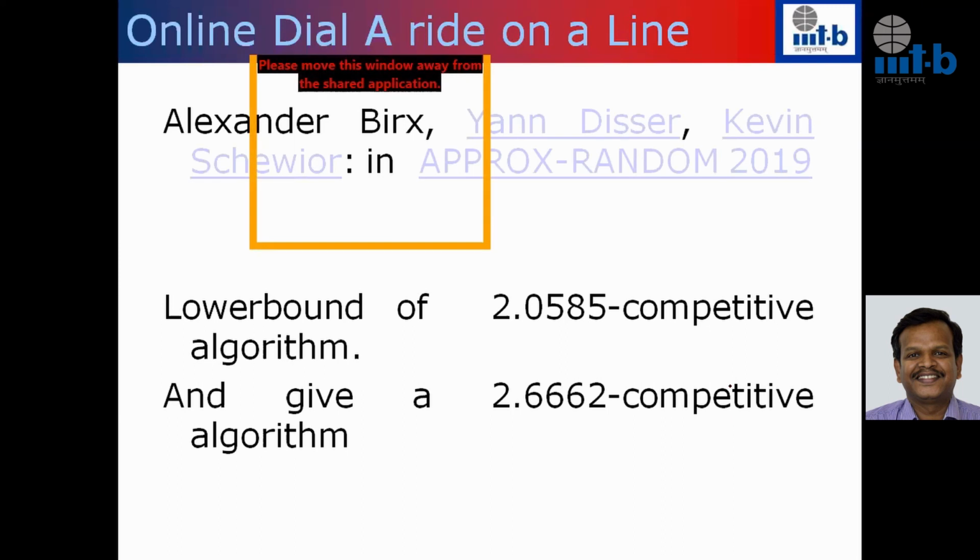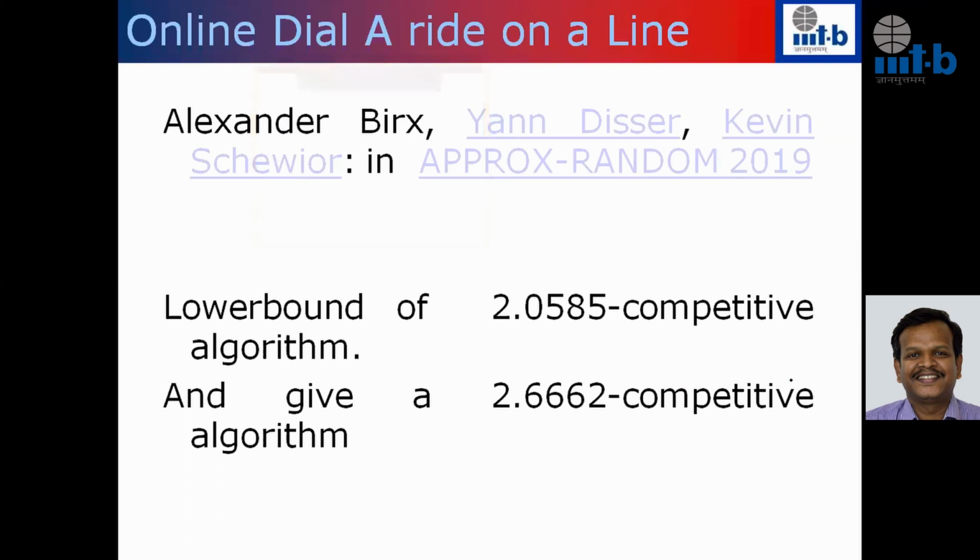But no non-trivial results were known on any graph for the dial-a-ride problem, which was different from what was known for the TSP. So people thought that the complexity of these two was more or less the same. But there's a paper which was published in 2019. The more general version of the paper is still coming up.